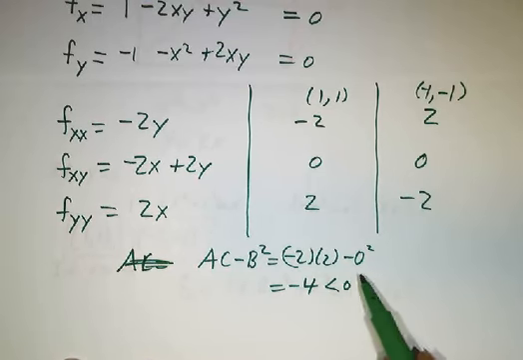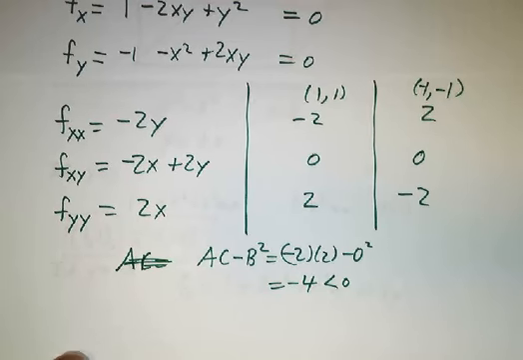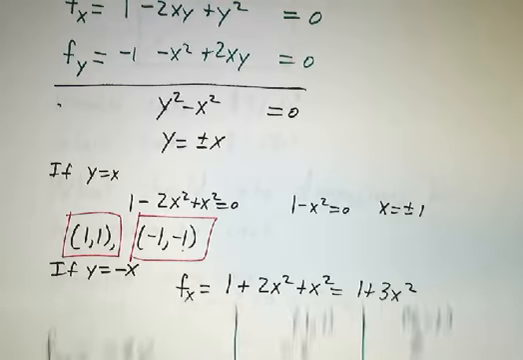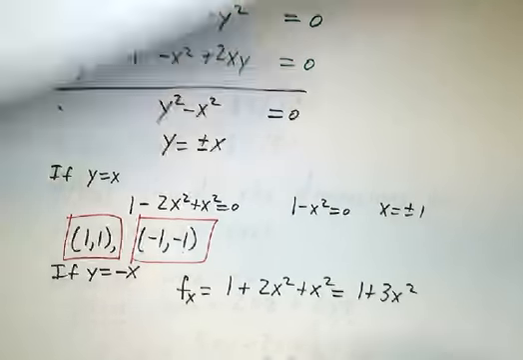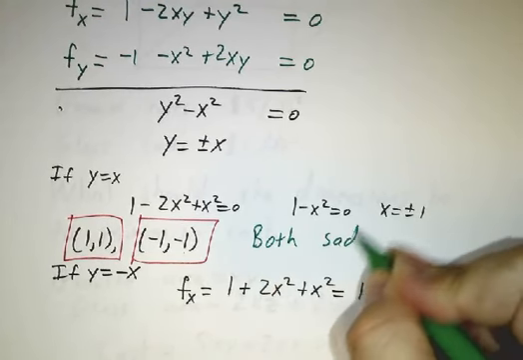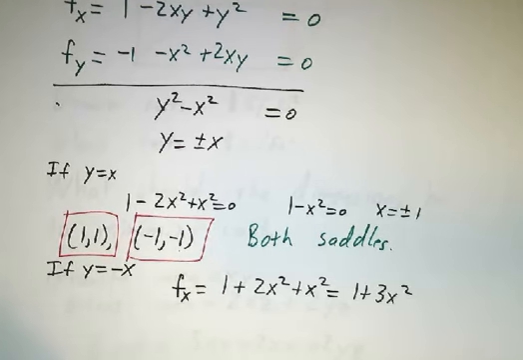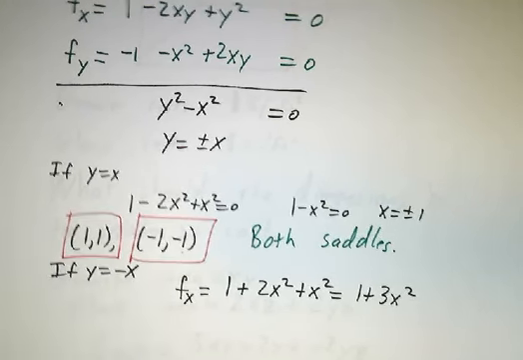AC is negative 4, B squared is 0, and you get a saddle point. So the upshot is that we found two critical points, and both are saddles. No local maxima, no local minima, two saddles.